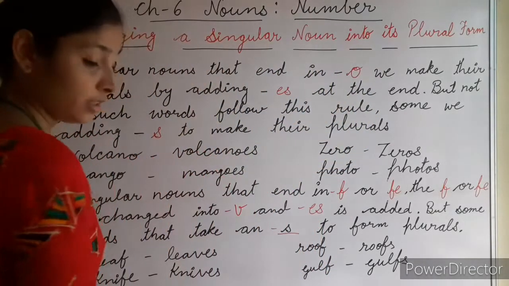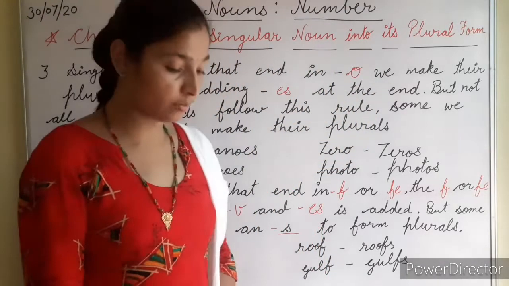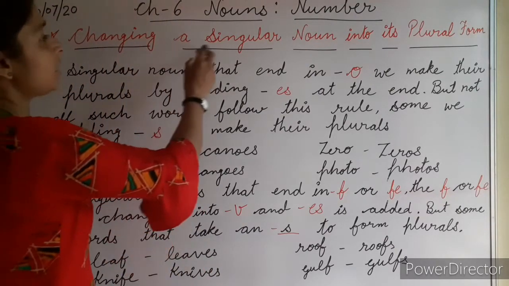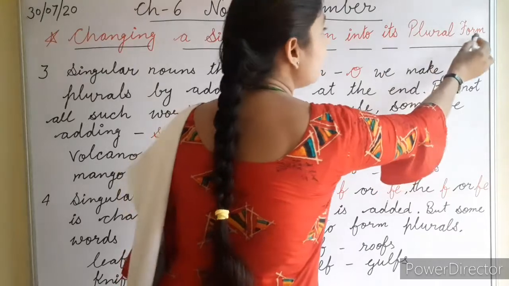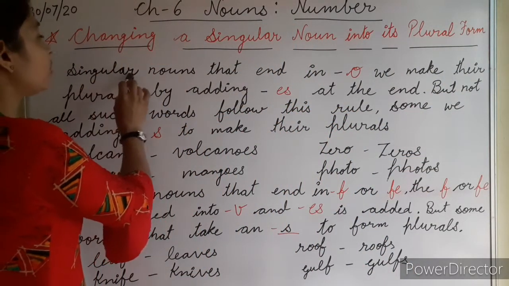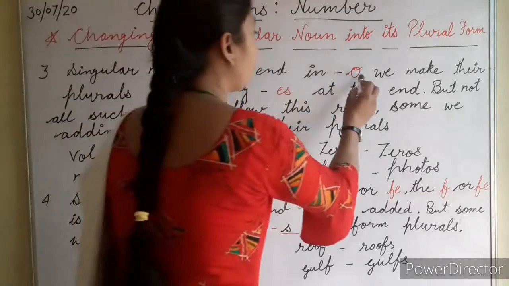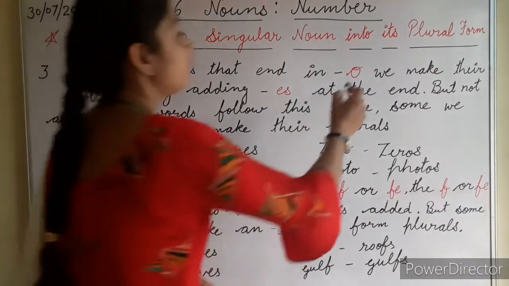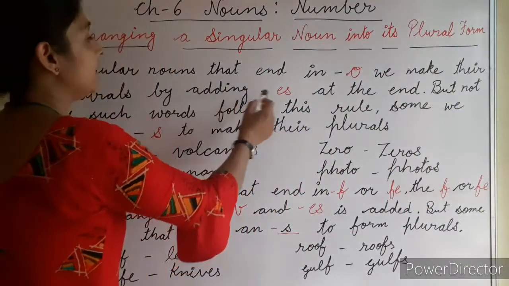First of all, everybody take out your book to page number 30. Changing a singular noun into its plural form. Rule three is singular nouns that end in O. The singular nouns which end in the letter O, we make their plural by adding es.